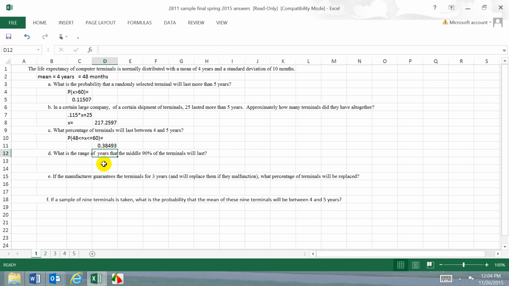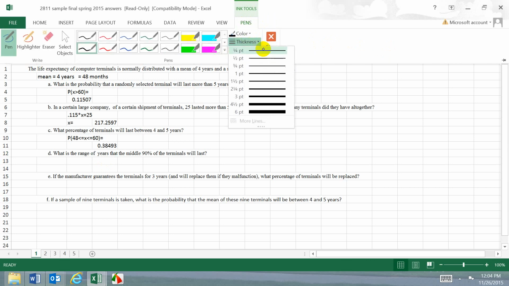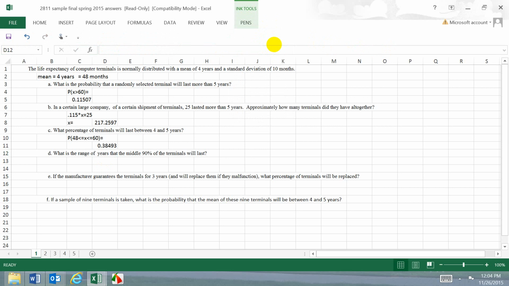D. What is the range of years of the middle 90%? So the middle 90%, again, we should know the probabilities for the middle 90%, but just in case we don't, we can calculate it. So we're looking for the middle 90%.